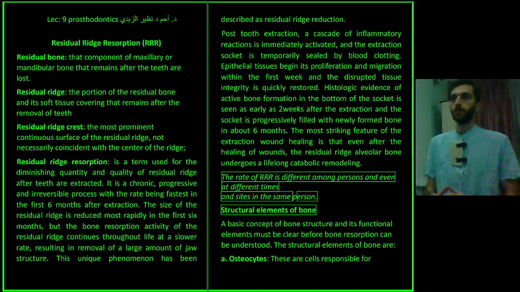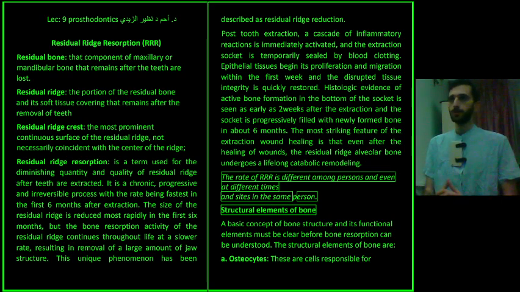Post-tooth extraction, a cascade of inflammatory reactions is immediately activated, and the extraction socket is temporarily sealed by blood clotting. Epithelial tissues begin their proliferation and migration within the first week, and the disrupted tissue integrity is quickly restored.